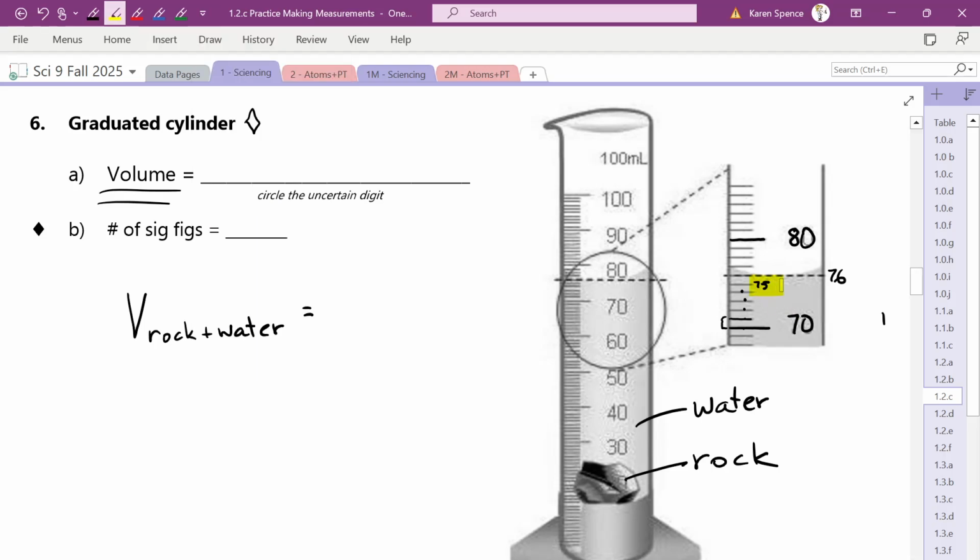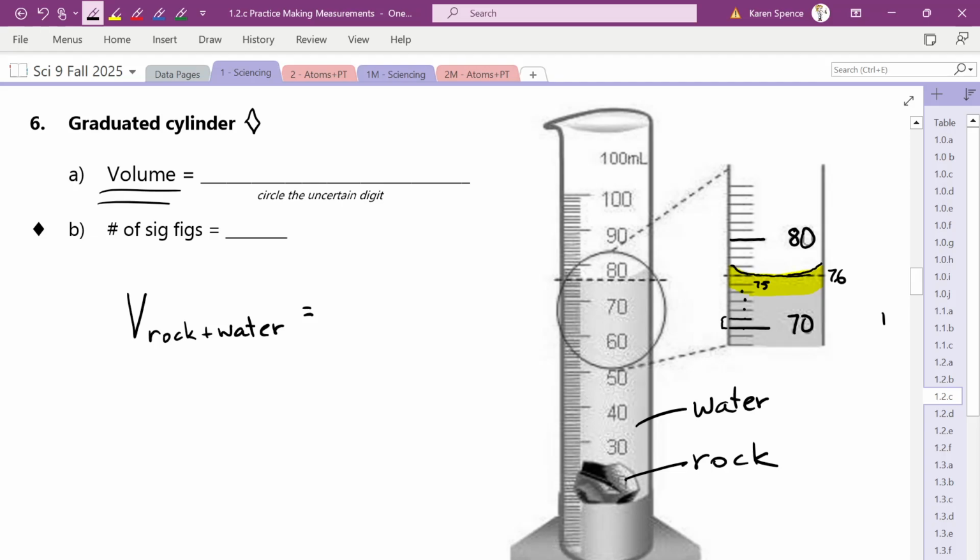Now we agreed that this number here, our water went up to 76. Oh, have we talked about what the scoop is called? You know how water makes a scoop? Whenever water is in a glass container, it's a little bit sticky in terms of sticking to the walls of the container.